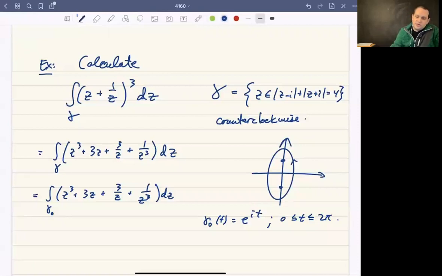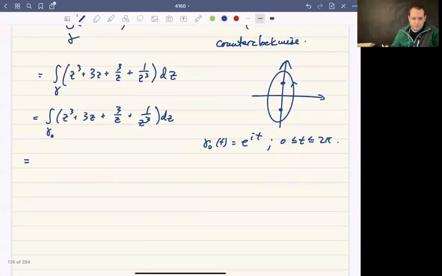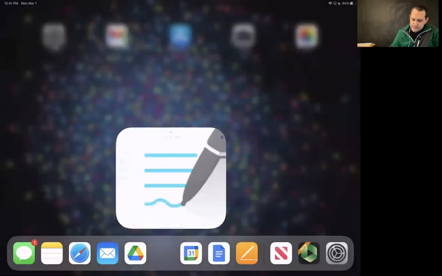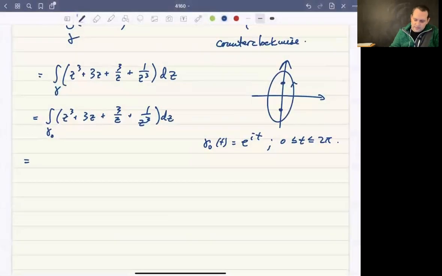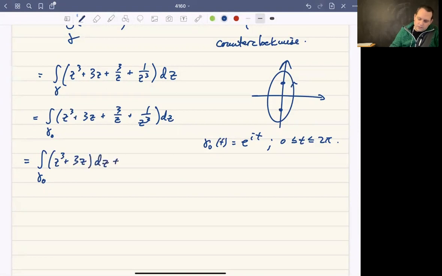So what I want you to notice is that this is going to be the sum of 3 integrals, and I'll explain why in a second. It's the integral of z cubed plus 3z, plus 3 times the integral of 1 over z, plus the integral of 1 over z cubed dz.